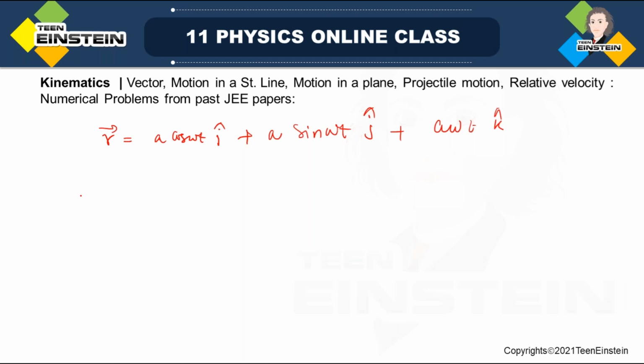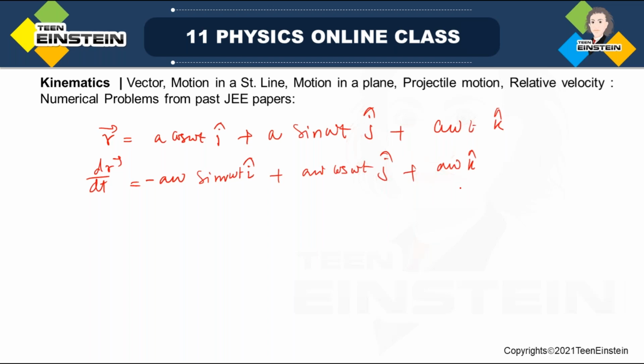So if you want to find out really what is velocity, then you have to just take the time derivative. So time derivative means here, minus omega a sin omega t i cap plus a omega cos of omega t j cap, and here t will go off.